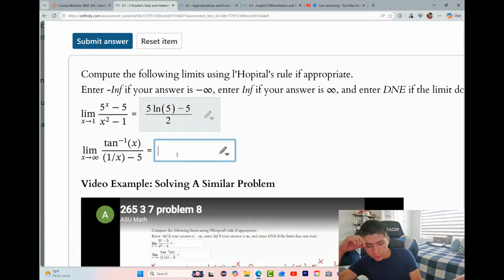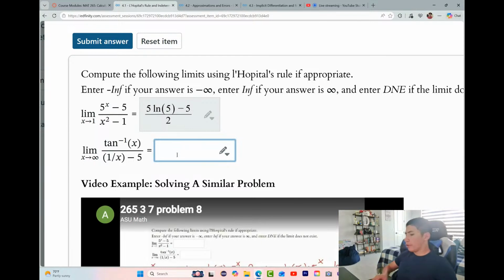What's tangent inverse of infinity? I kind of forgot those inverse derivative rules. Well, we don't even need derivatives in here, it's just inverses. Tangent inverse of infinity, so that's sine of infinity over cosine of infinity, but then we have an inverse.